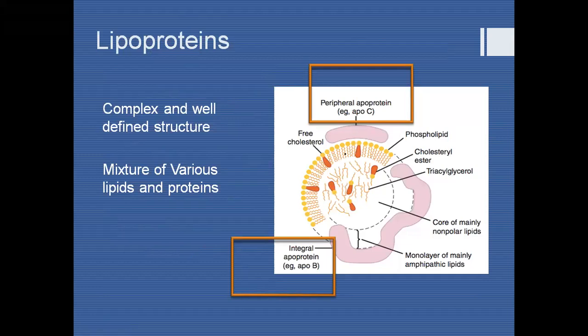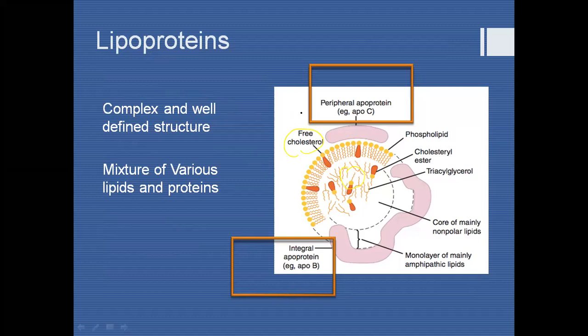So if we see the basic structure of lipoprotein, it will be a mixture of our digested products. So it will be a mixture of free cholesterol and cholesterol esters. In the center part, there are cholesterol esters.